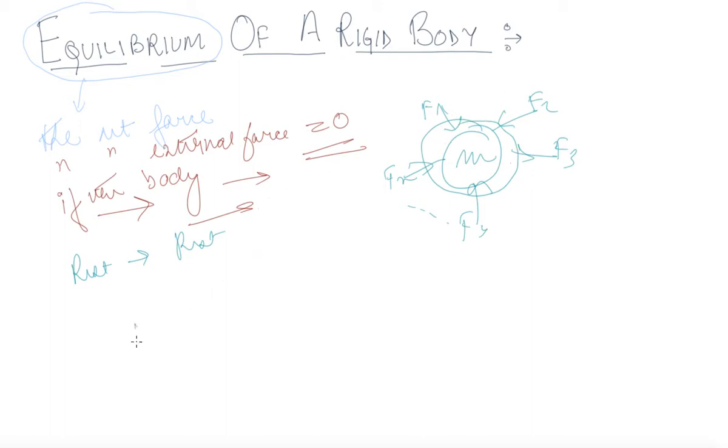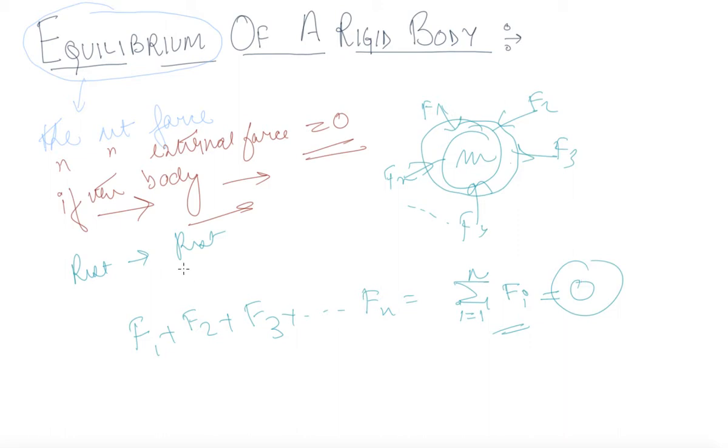That means the net force F1 plus F2 plus F3 till Fn, which is equal to the summation of Fi, where i starts from 1 to n, is equal to 0. So this is what equilibrium of a rigid body actually means.